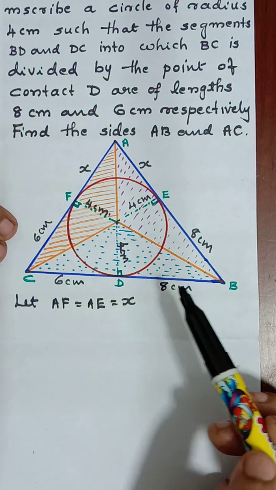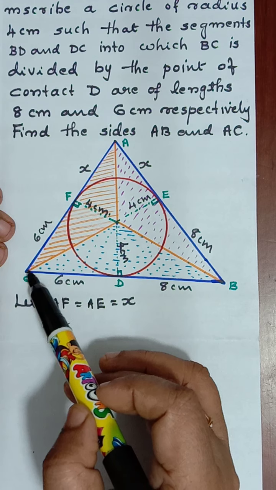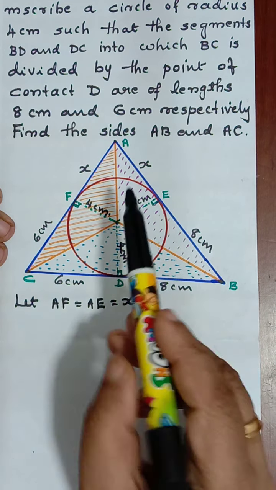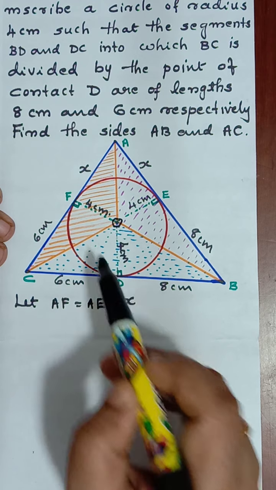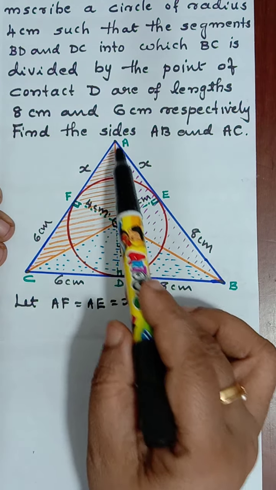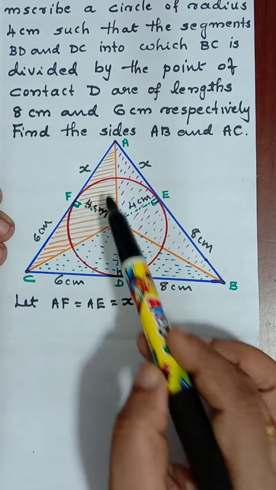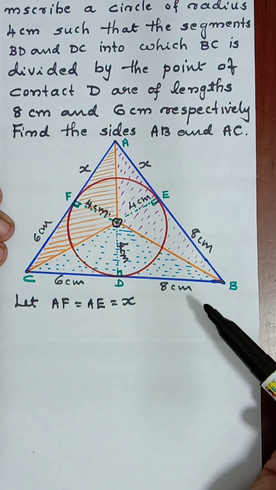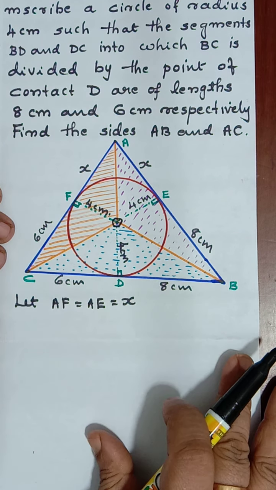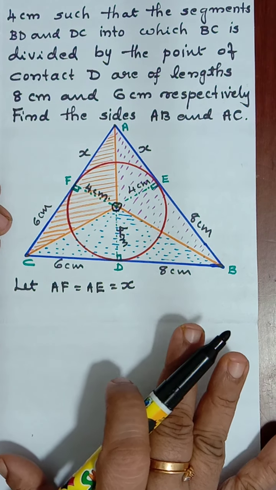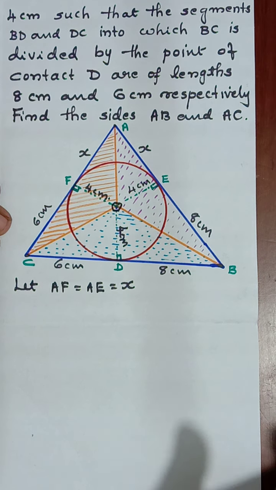Then later we will find the area of 3 different triangles: triangle COB, this point we will mark as O, area of AOB and area of AOC. All these 3 together by using the half base into height formula. So let us do step by step. In 2 methods we will find the area of this triangle and we will compare both these areas.